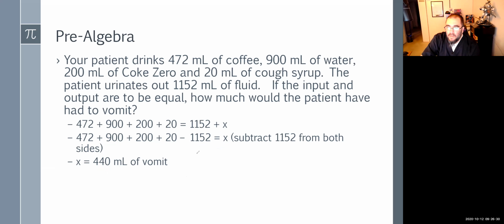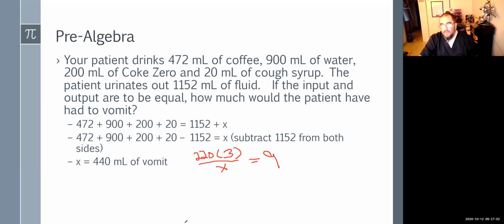So let's look at a problem where we have an x in the denominator. So let's say 220 times 3 over x equals 9.